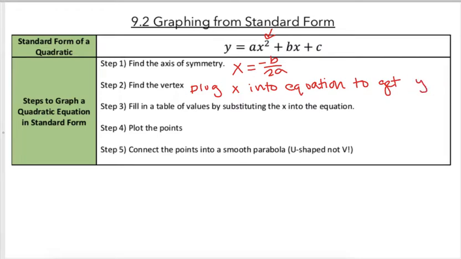That will give us a vertex that has an x and a y value. Fill in a table of values by substituting the x into the equation. I'll show you a way that we can plug that in and generate this table quickly. Then plot the points and connect the points into a smooth parabola. U-shape, I always have to remind us, this is not a V. So keep that in mind. Again, have your calculator either out or pulled up so that we can look at that as well.